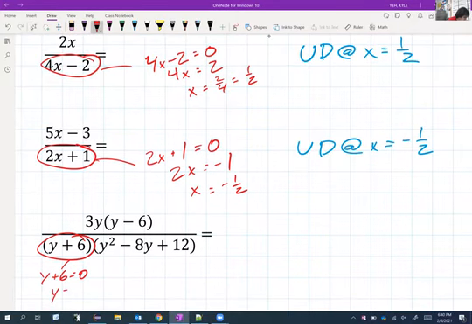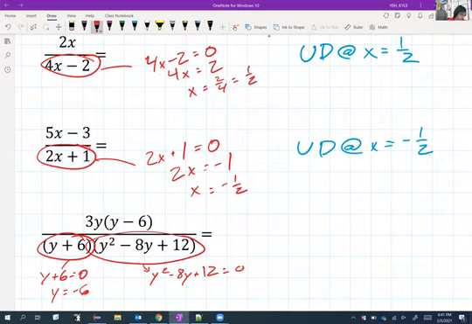When y equals -6. So that's one undefined value. Where else though? How would I find where y squared minus 8y plus 12 equals 0? Well, the good news is this is what chapter 5 is all about, solving quadratics. This is a quadratic. I need to know when it equals 0.